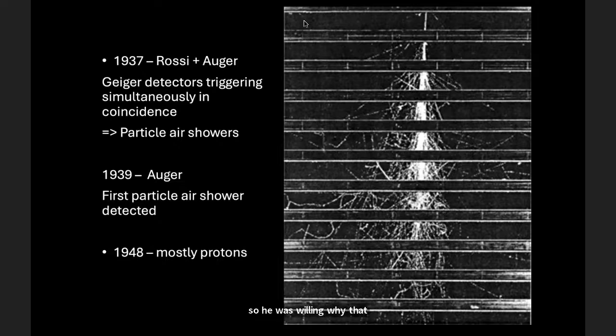Probably he made a calculation of how, just by chance, this may happen, and he found that this was not normal. So his interpretation was that there may be something that connected these two detector measurements, that they were triggering together. So they started to think about something happening at higher altitudes, triggering these two things.